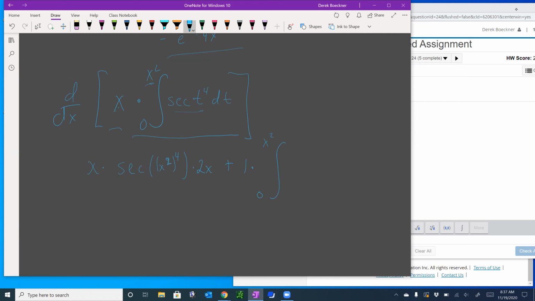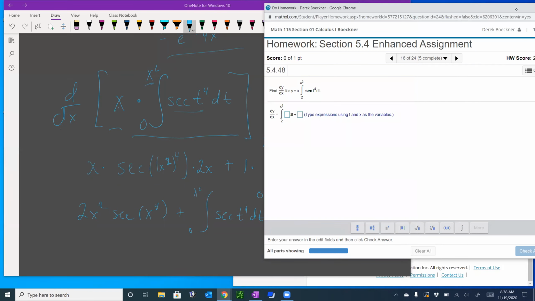So then that's the integral from 0 to x squared of secant t to the fourth. So I've got 2x squared secant of x to the 8th plus the integral from 0 to x squared of secant t to the fourth dt. And so that's what we're going to put in here.